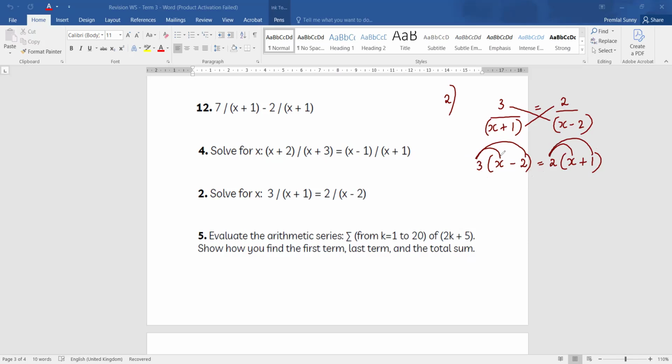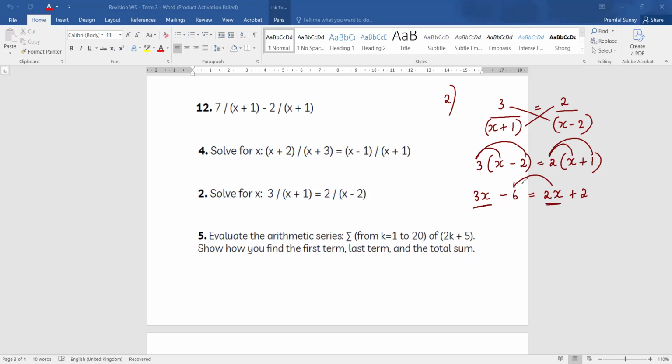Now 3 times x is 3x minus 3 times 2 is 6 is equal to 2 times x is 2x, 2 times 1 is 2. Bring all the variables on one side and numbers on the other side. 3x, 2x.